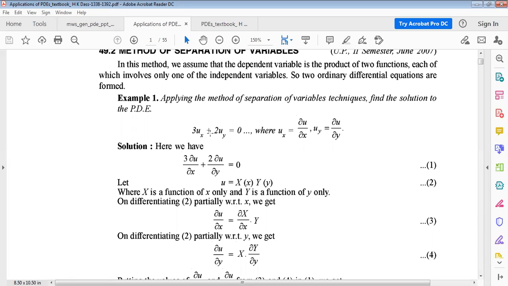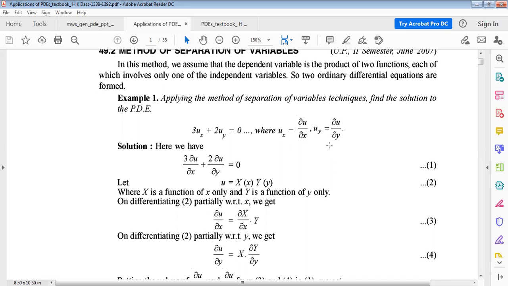3u_x + 2u_y = 0, where u is a function of x and y, u_x = ∂u/∂x and u_y = ∂u/∂y, partial differential coefficients.